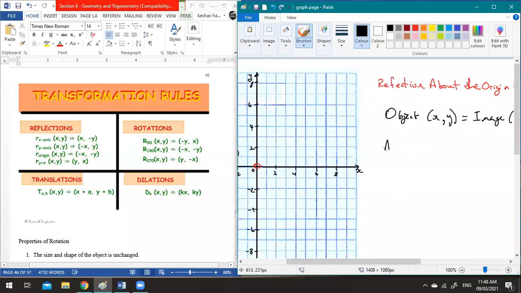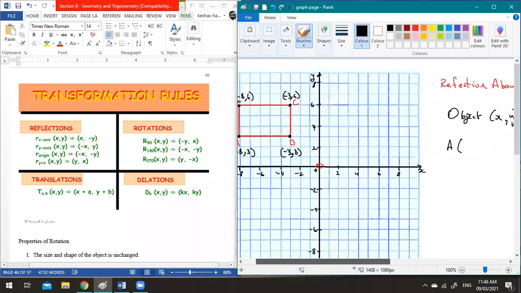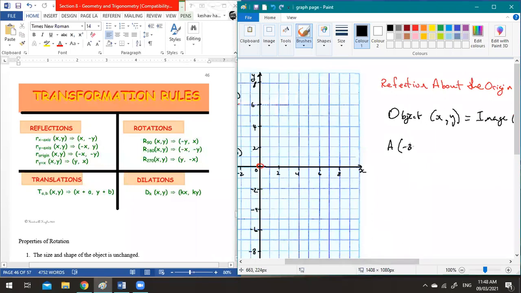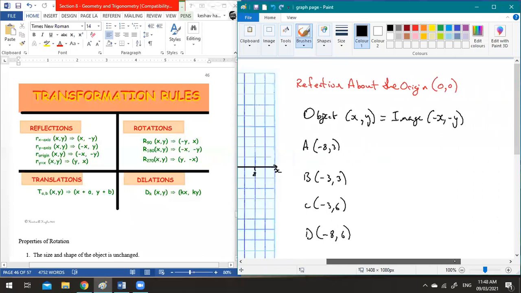So the first point A was -8 and 3. B was -3 and 3. C was -3 and 6. And D was -8 and 6, right? So that's the points.